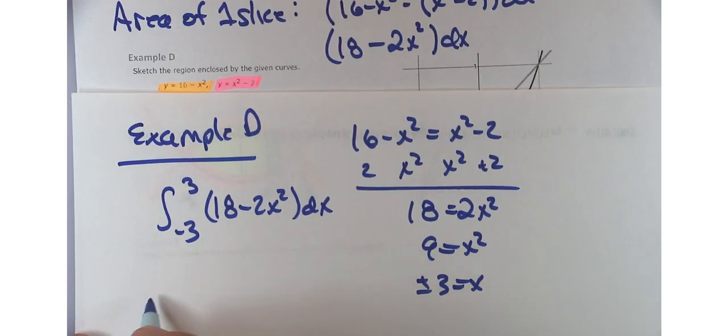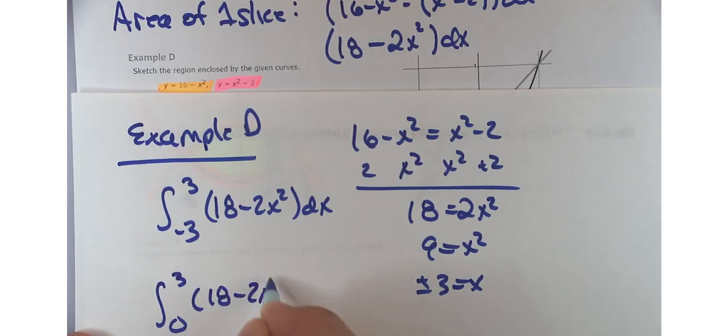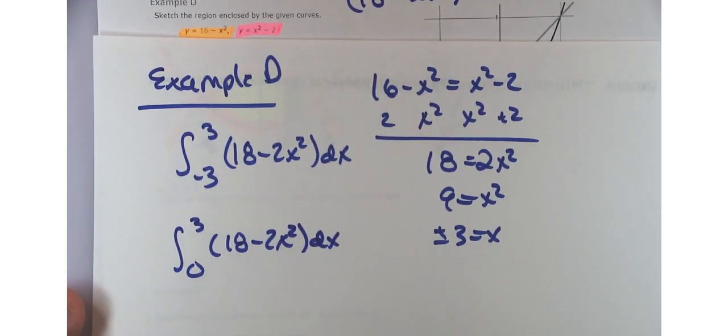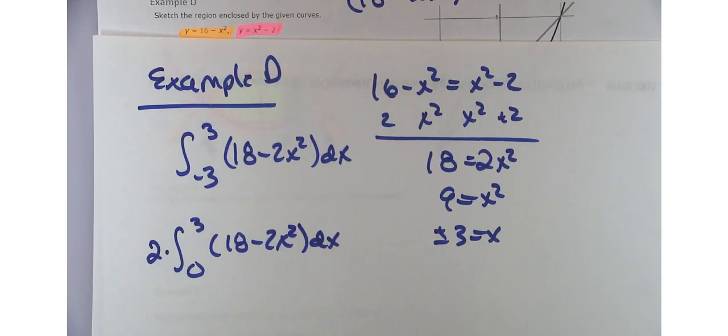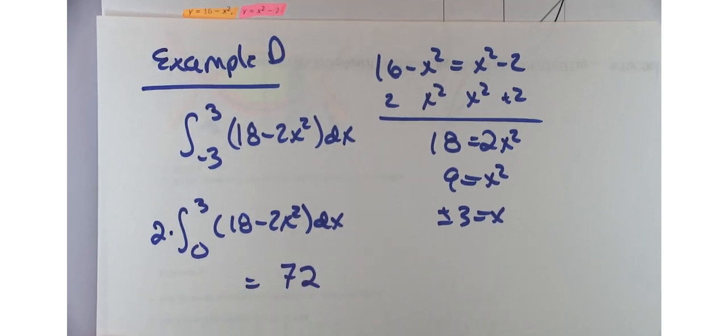We'll just calculate from 0 to 3 of 18 minus 2x squared dx. But what do I have to do to kind of compensate for that fact? Multiply by 2. So don't forget that little part there. Let's skip spending time on the integration part. I think the answer here, when we're all said and done, is going to be a nice even 72. I want to spend more of our time focused on actually setting these things up and getting those things going.